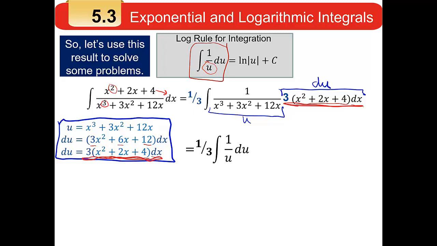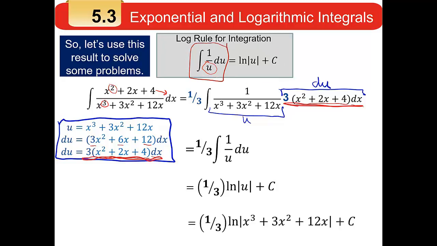Well, that fits the formula exactly. So that answer will be 1/3 times the natural log of the absolute value of u plus c. And as always, the last step is to take the u out and put back in what it was equal to. So even though that problem looked a little nasty, once you see the pattern, the process becomes the same.